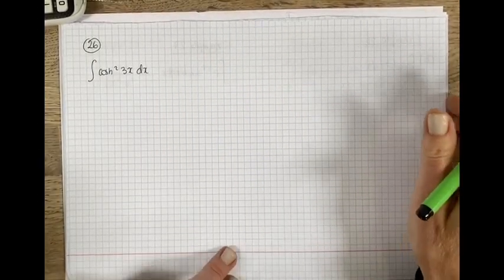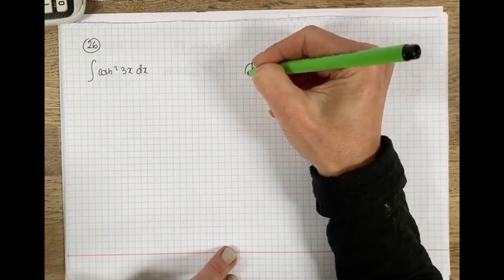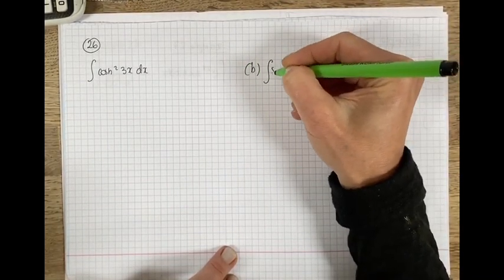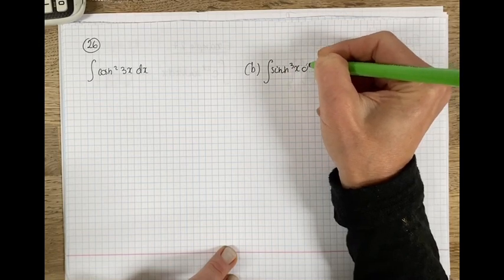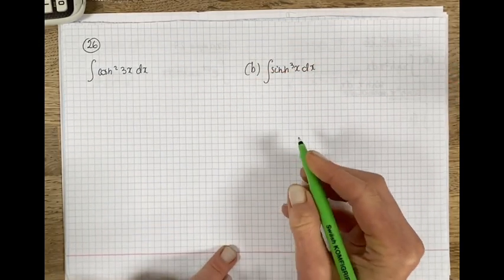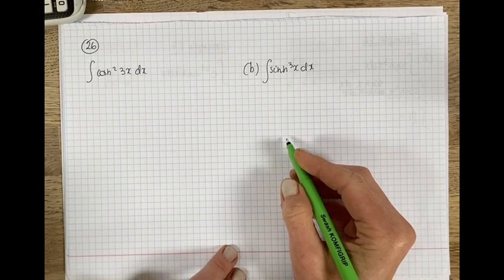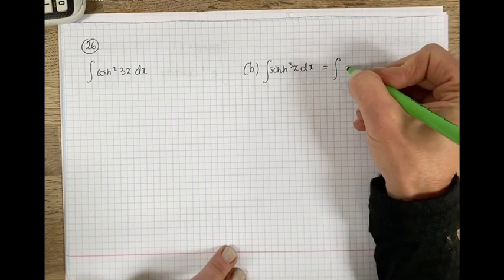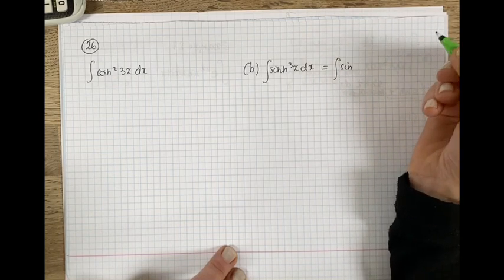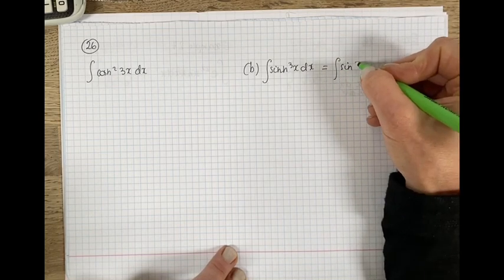Okay, so we're going to move on to part B, which is sinh cubed x dx. So I believe we've done this one already. Okay, so first of all, we split this. This is the same trick as with trig functions. So sine cubed or cos cubed, you do the same thing.